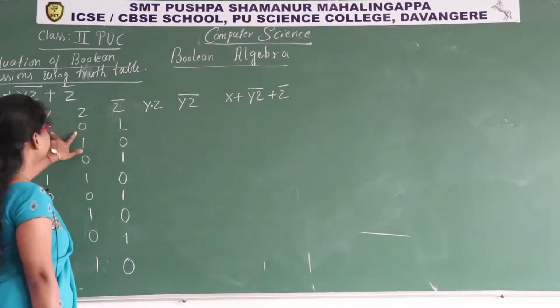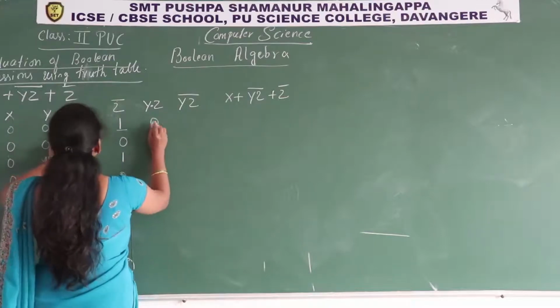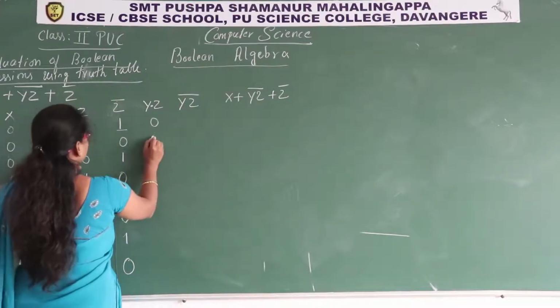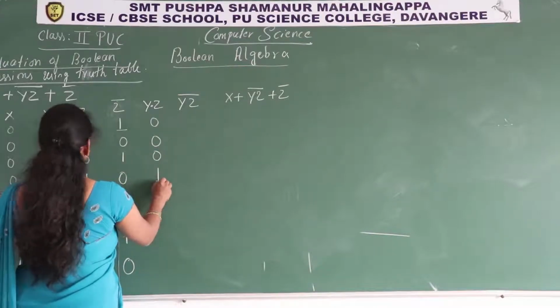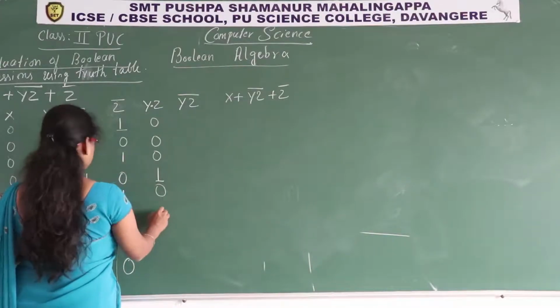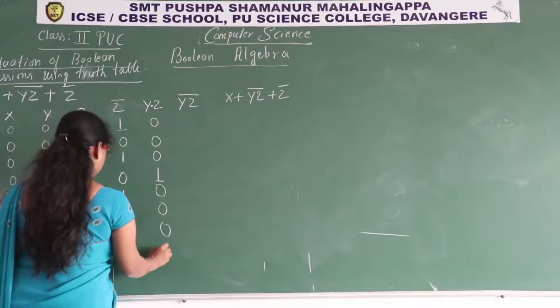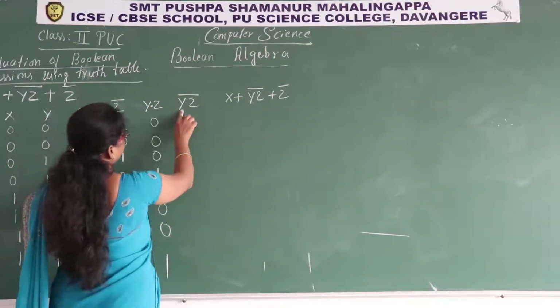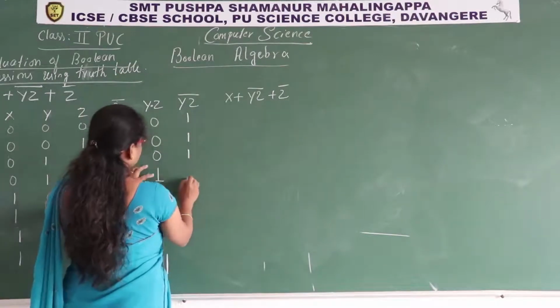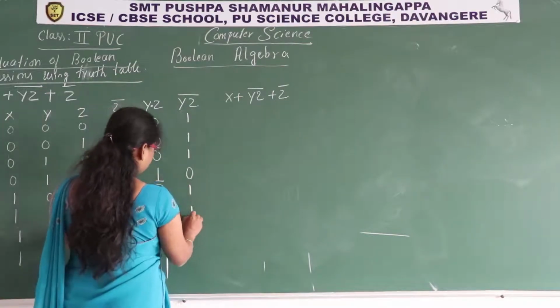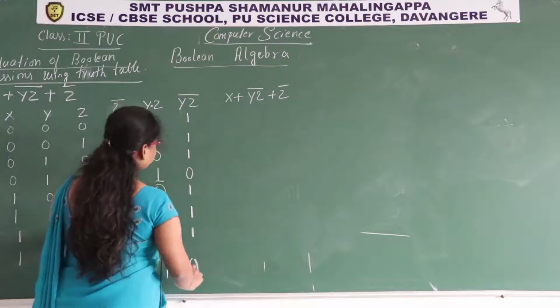If both variables are 0, then output is 0. If any one of the variables is 0, then also output is 0. Now yz whole bar: 1, 1, 1, 0, 1, 1, 1, 0.